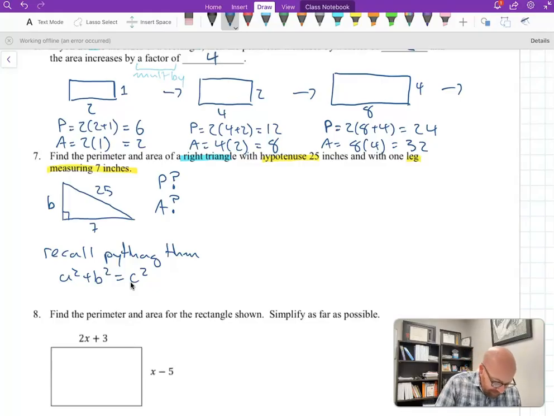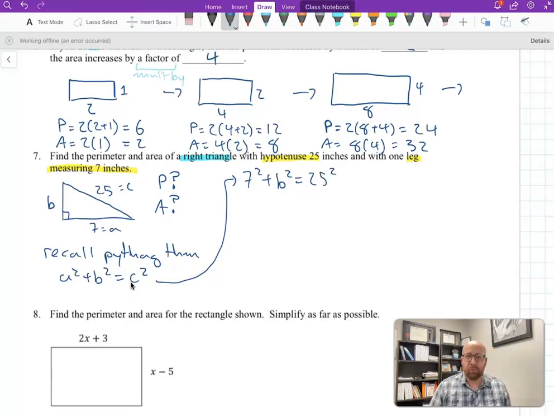So, let's go and find B. We'll let the 7 be equal to A. We'll let 25 be equal to C. So we have 7 squared plus B squared is equal to 25 squared. 7 squared is 49. 25 squared is 625.